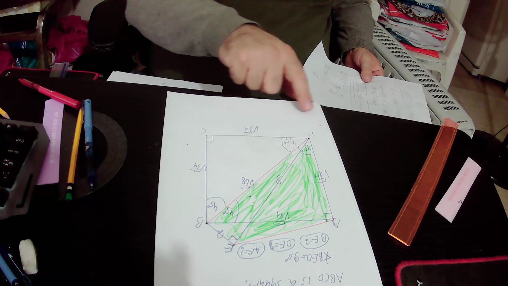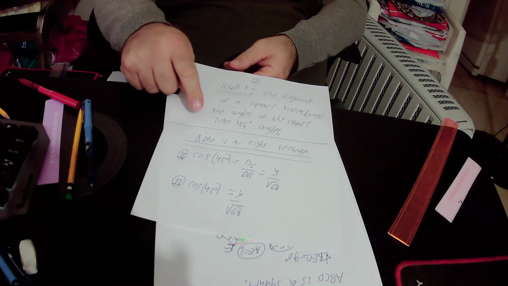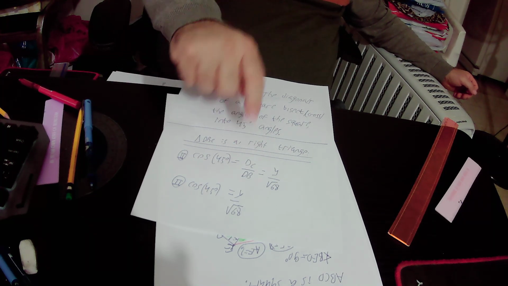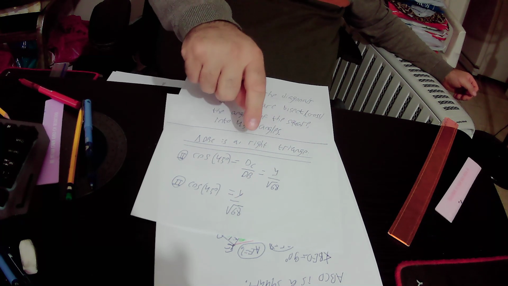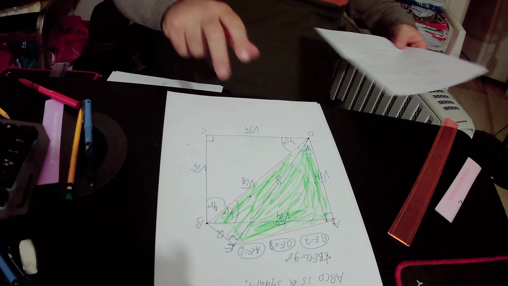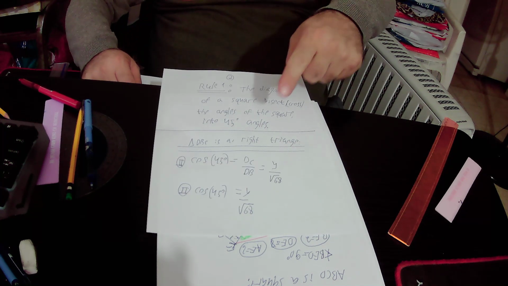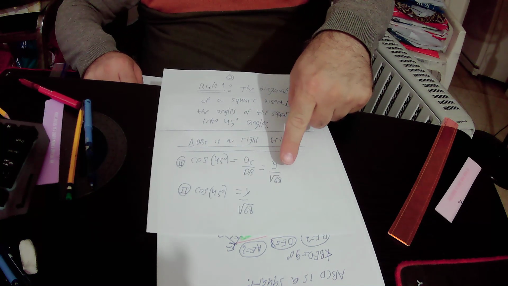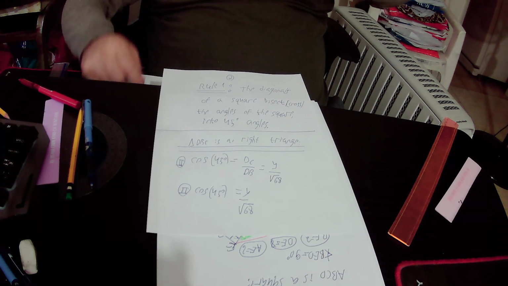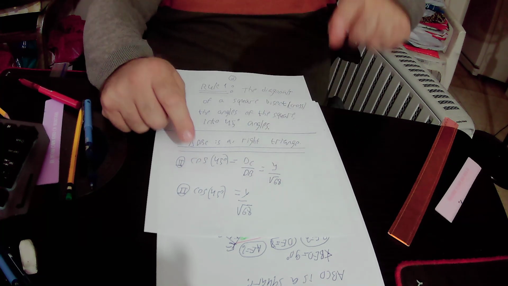And we define DC as Y. So we substitute DC by Y, and we have already found out that DB equals the square root of 68 units, so we can substitute DB by the square root of 68 units. So we found out that cosine 45 degrees equals Y over the square root of 68.